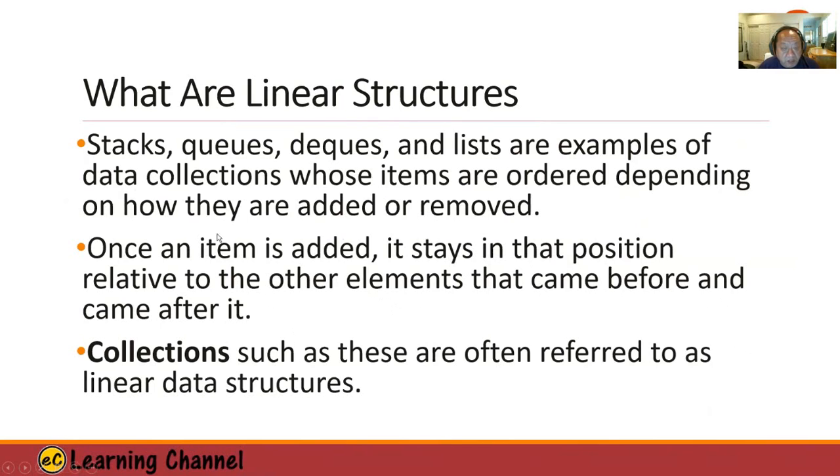So it depends on the order you add it in and where you add it. Collections such as these are often referred to as linear data structures. So queue, stack, deque, list are linear structures. And set is also a linear structure, but actually set has no order. Dictionary, you can also think about as a linear structure, but it has key and value.